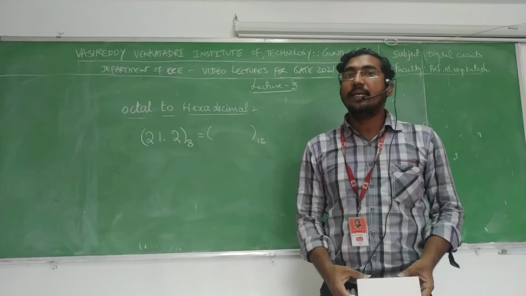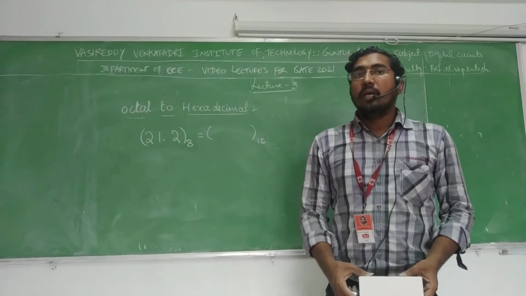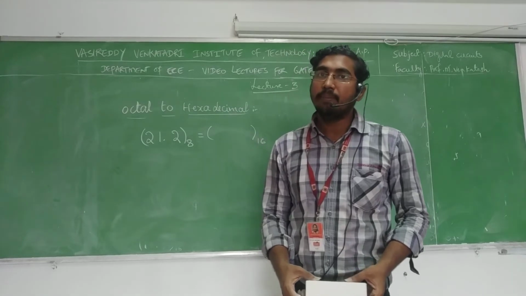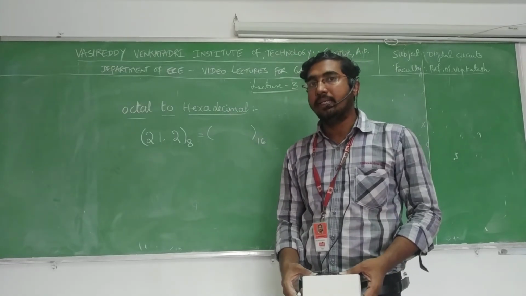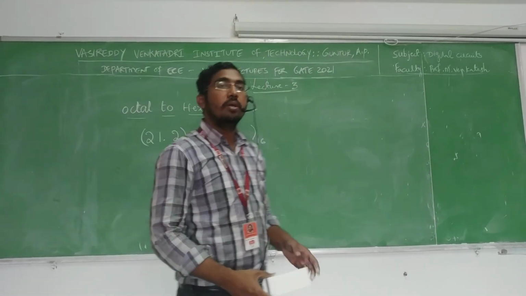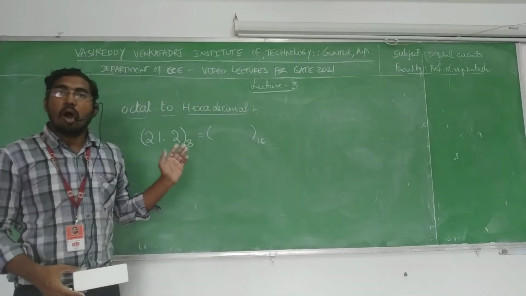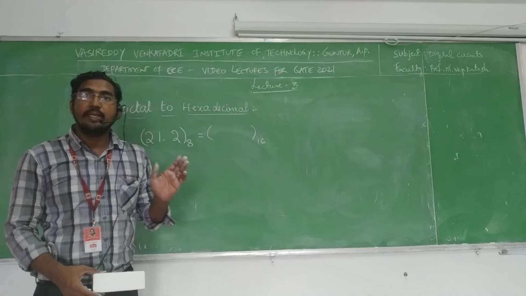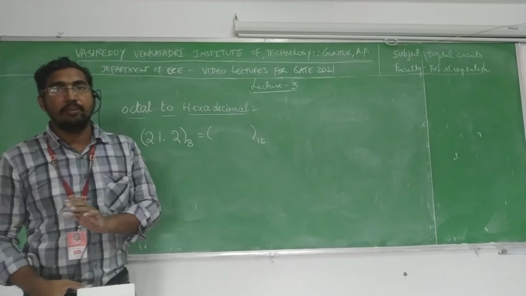We have to take some help. The help you can take either from decimal or binary. It means we have to convert octal to decimal first, after that decimal to hexadecimal.